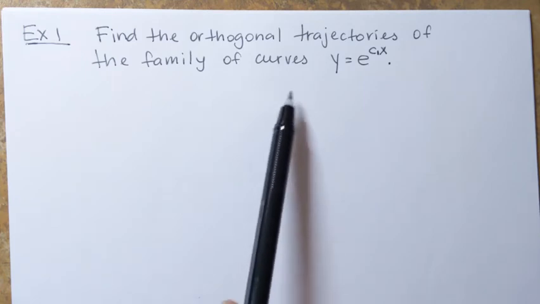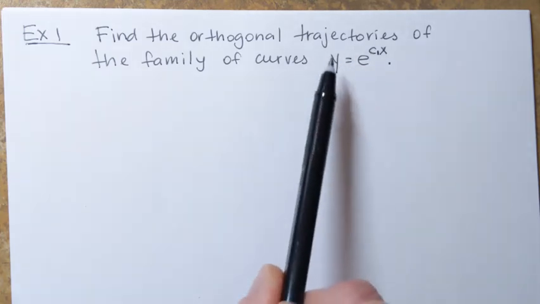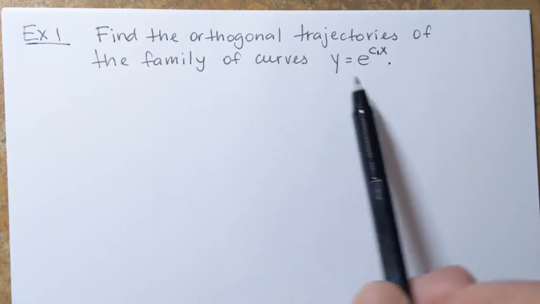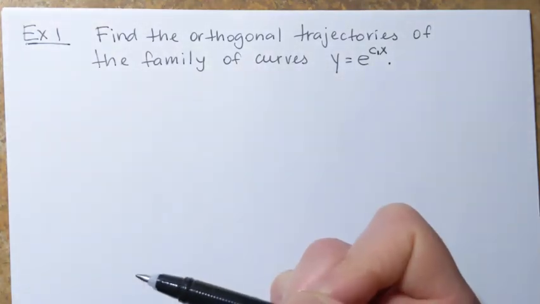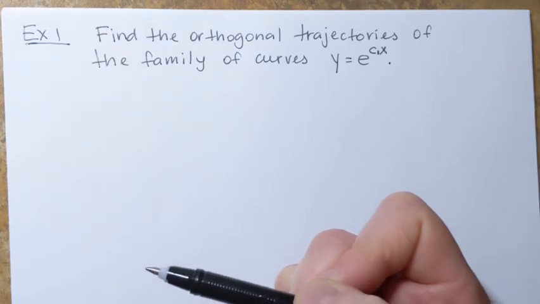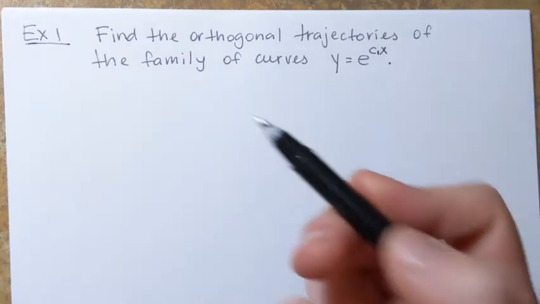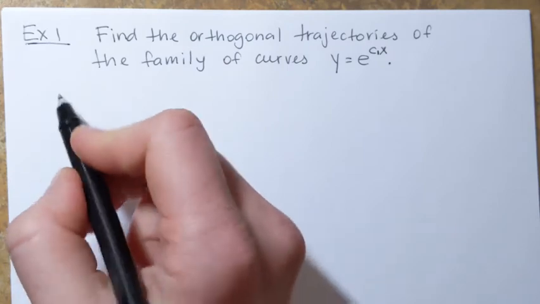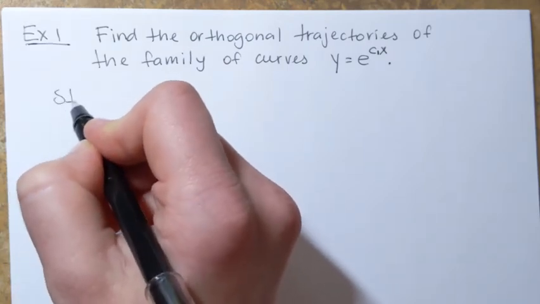Well, let's start by describing the slopes of the tangent lines for all those curves, and as we already talked about, the derivative will represent the slopes of the tangent lines. So let's start by finding the derivative. Let's say it's step 1.